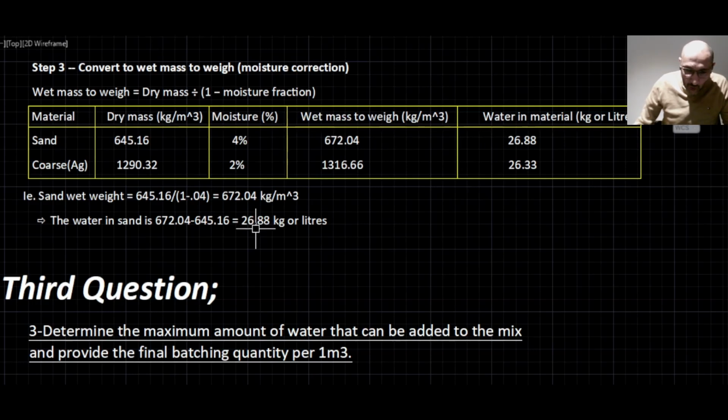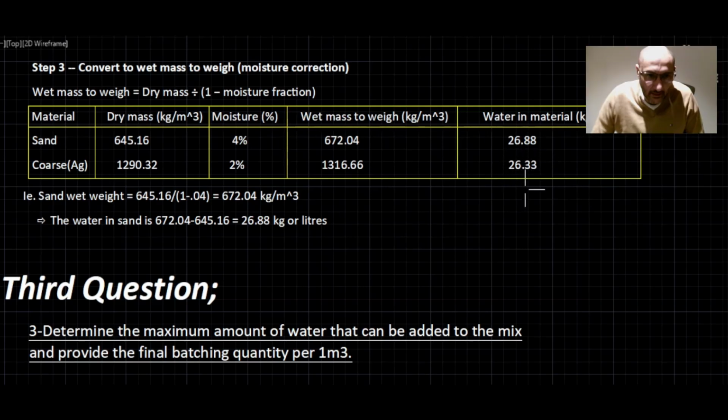Then the water in the coarse aggregate is 1316.65 minus 1290.32, which will give us 26.33 liters. All right.